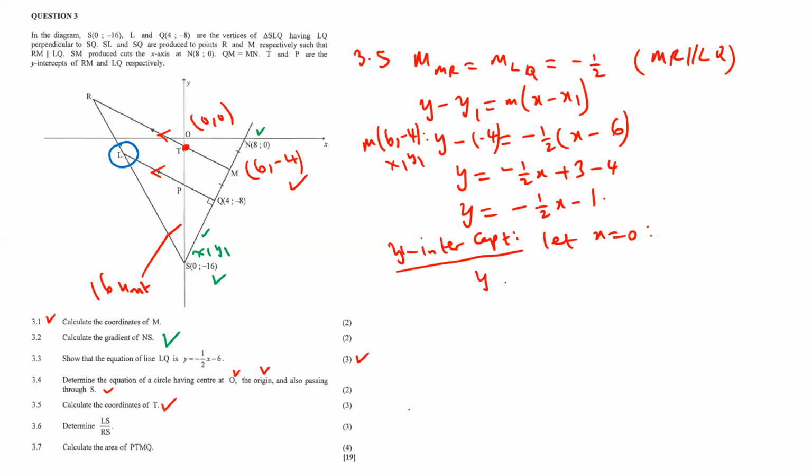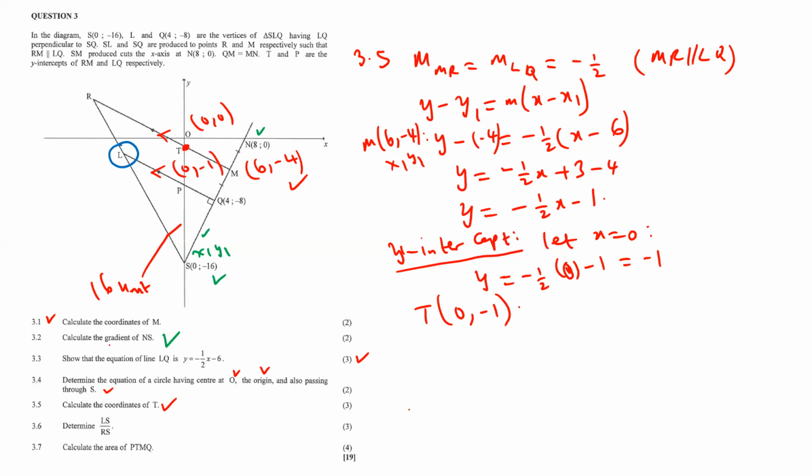And x is 0, so you have y equals minus half minus 1, which is minus 1. Therefore T will have coordinates x 0 and y minus 1. So those are the coordinates of T. X is 0, y is minus 1.